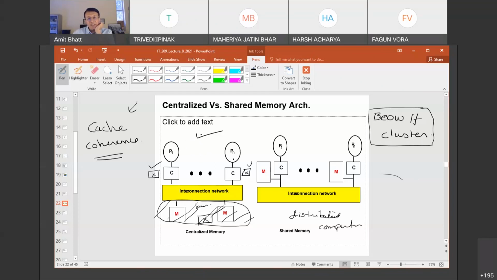The main reason for that, and the additional problem which we face in a multi-core processor, apart from all the problems faced for inline processors and superscalar processors, is cache coherence. Because there are multiple processors, each processor has its own cache.